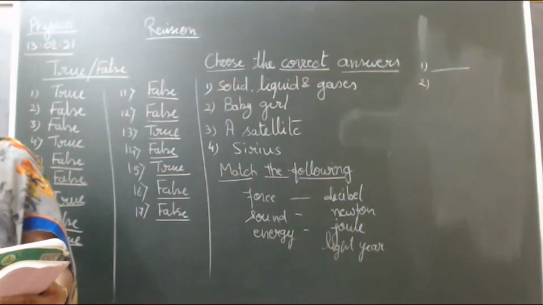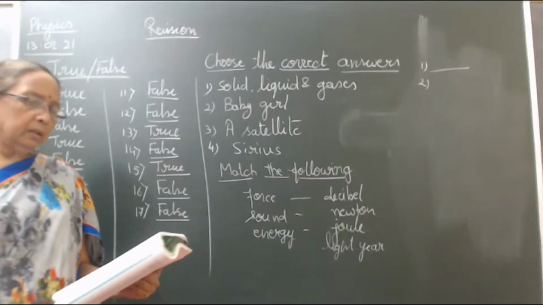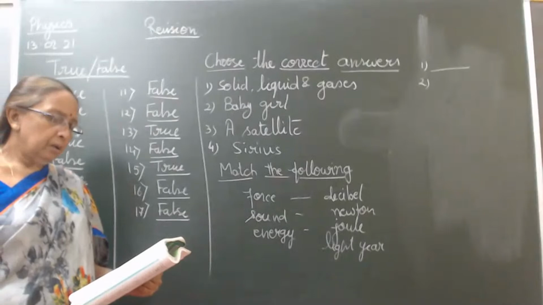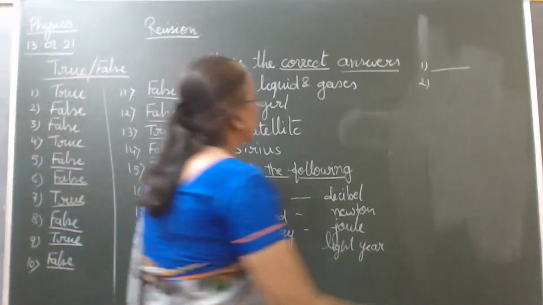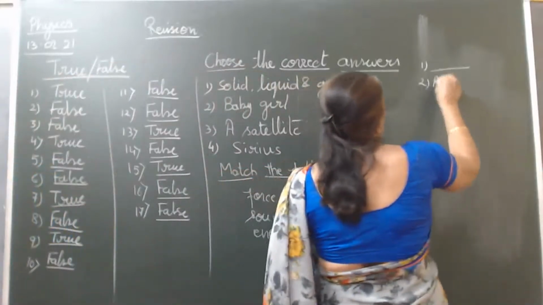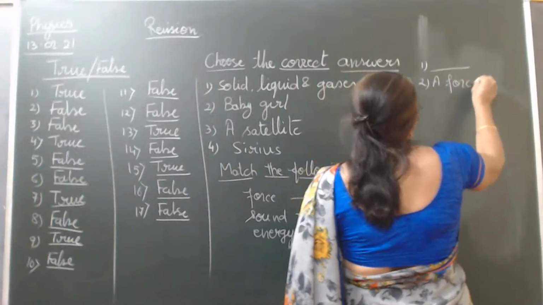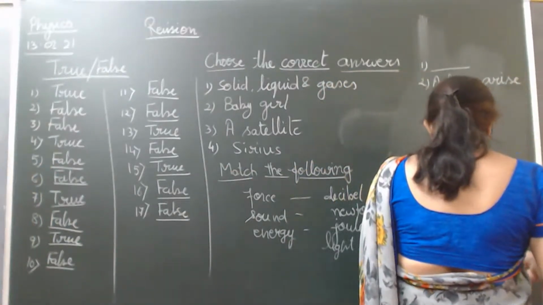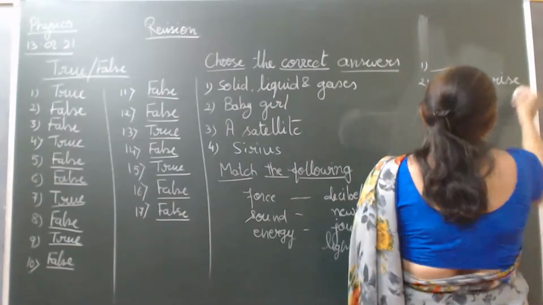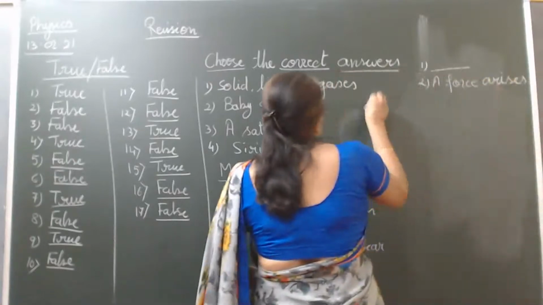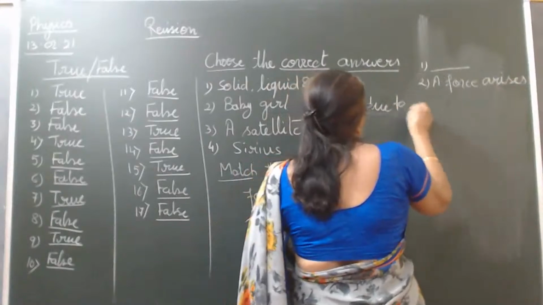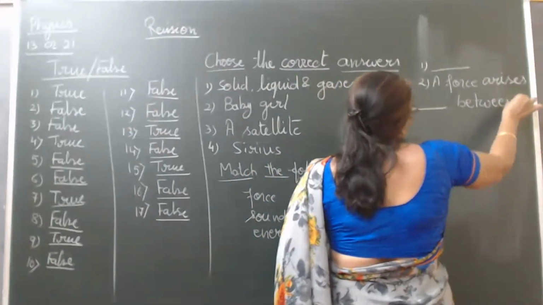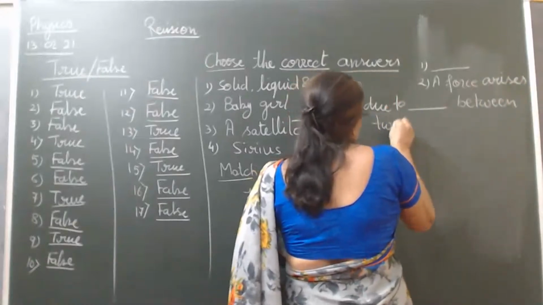A force arises due to the interaction between two objects, like that I am writing. A force arises due to interaction between two objects.